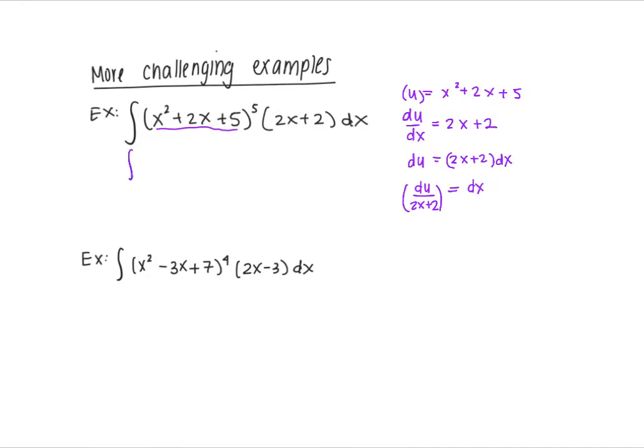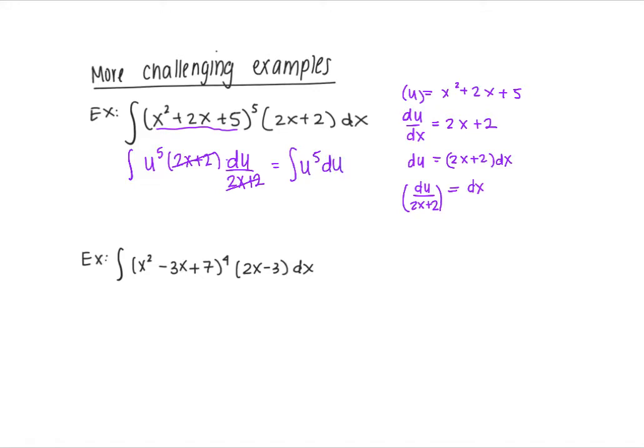So now my integral is u to the 5th. My 2x plus 2 is still there, du over 2x plus 2. Then what happens is the 2x plus 2's cancel, so I'm left with the integral of u to the 5th du.